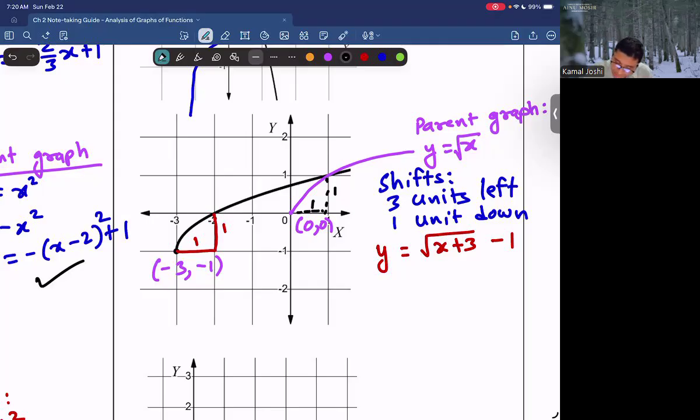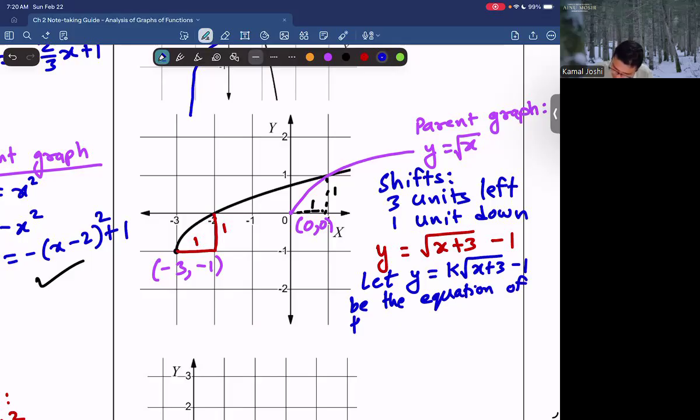Okay. So how would I determine computationally? Suppose it has been stretched. If it was stretched vertically, you can say let y equals k times under root x plus 3 minus 1 be the actual equation of the graph.